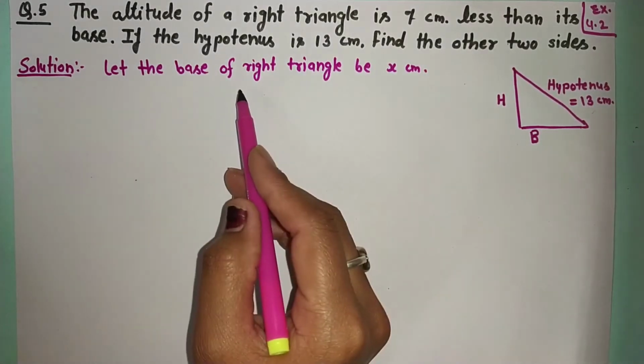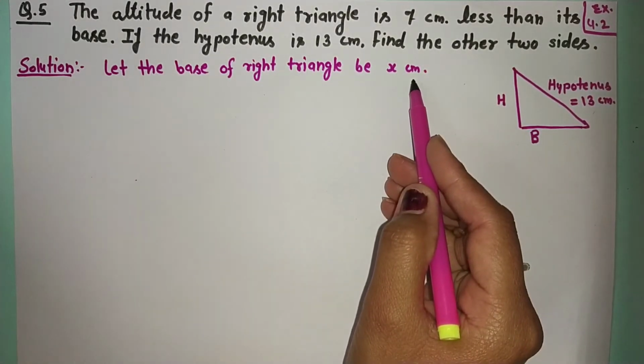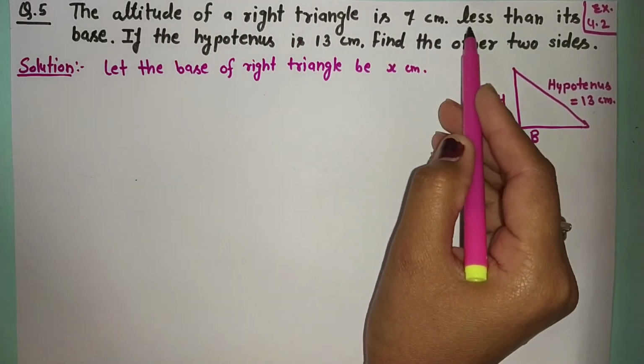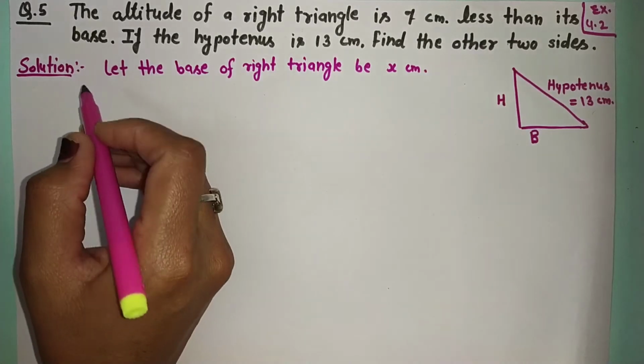Let the base of the right triangle be x, and it is given that the altitude of the right triangle is 7 cm less than its base.